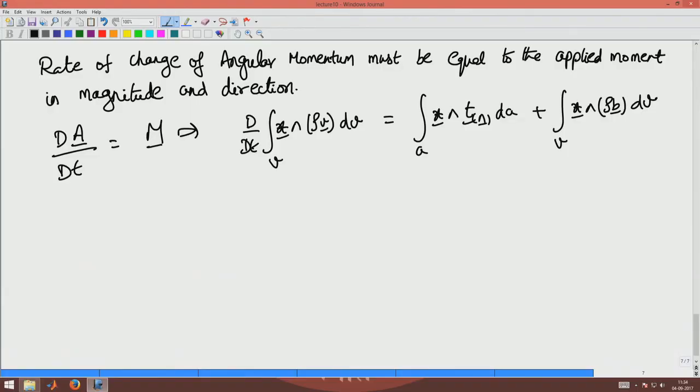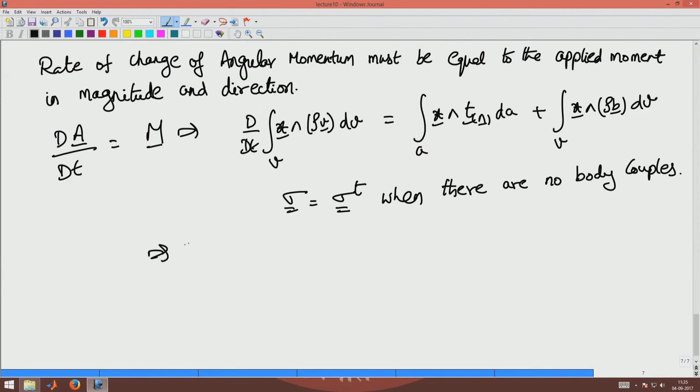Under this condition you will find that sigma must be equal to sigma transpose when there are no body couples. So, basically this tells you the stress tensor is a symmetric tensor.